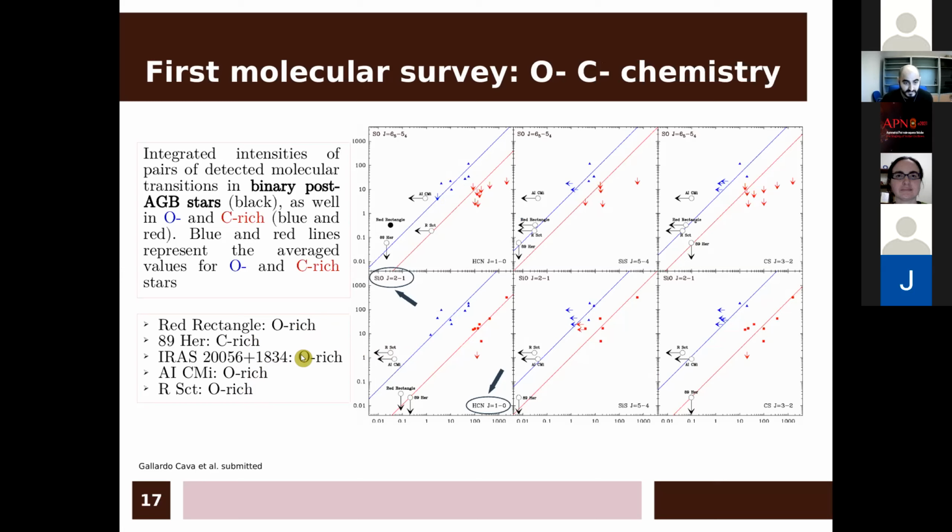And for the case of IRAS 20056, we have not detected any thermal line, but we have detected SiO maser emission. And this kind of emission is exclusive to O-rich sources, so we have classified it as O-rich.